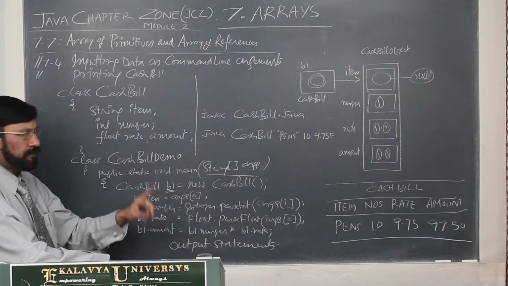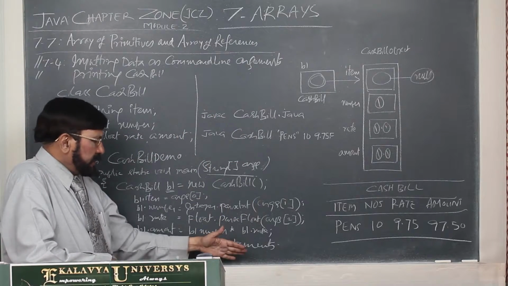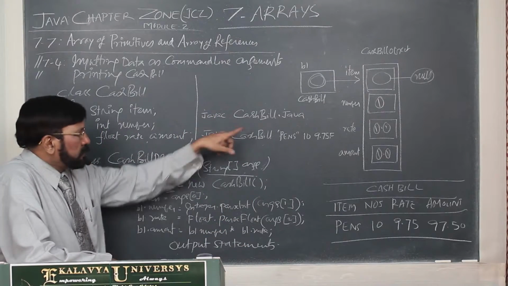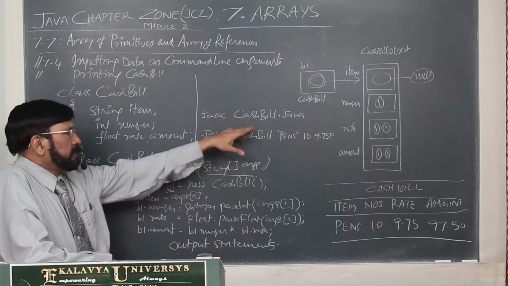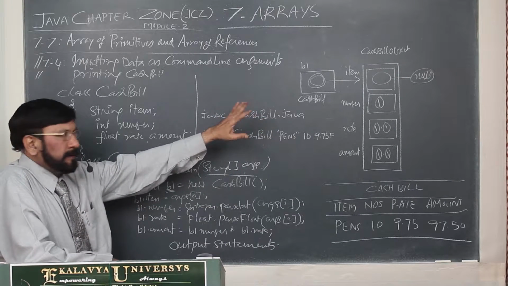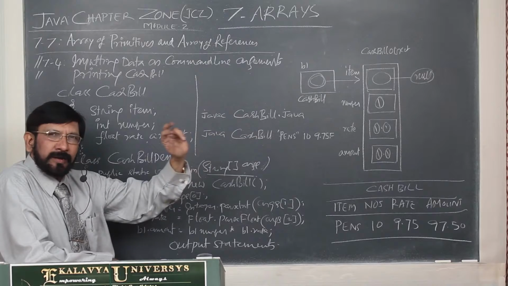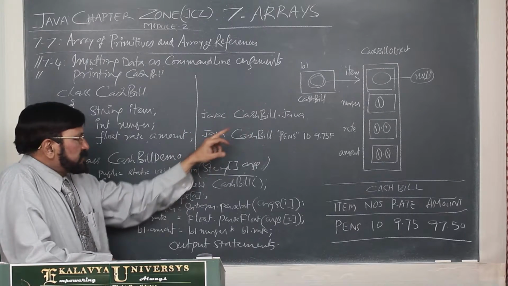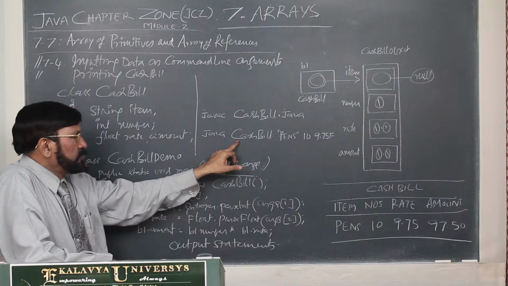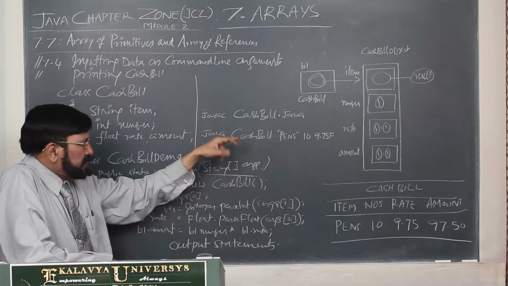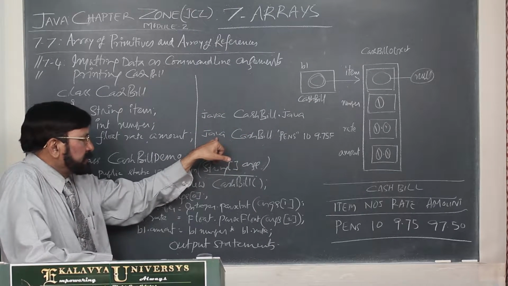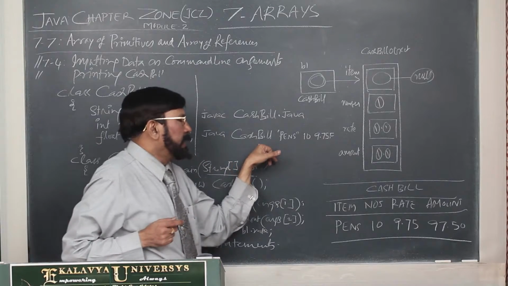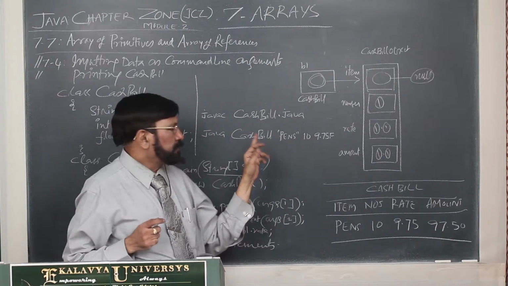I will explain that a little later. Actually, after writing this program, first you are compiling it. So it is successfully compiled. Then cash bill dot class bytecode file is created. After successful compilation of that, you can interpret it, that is implementation. Then java cash bill. You should not write .java.